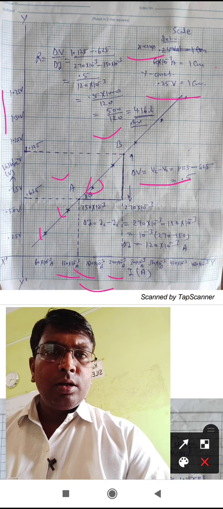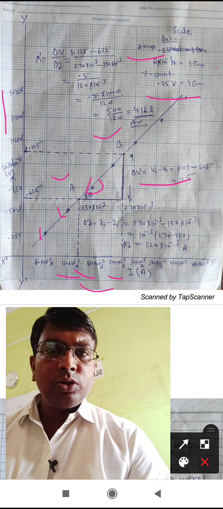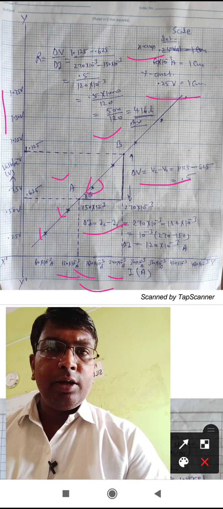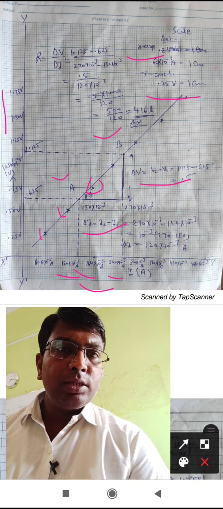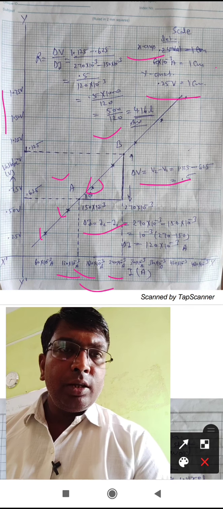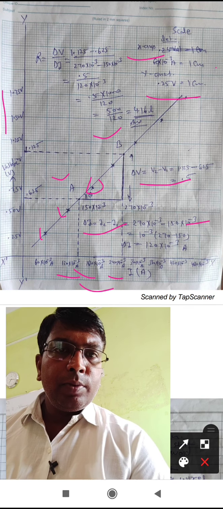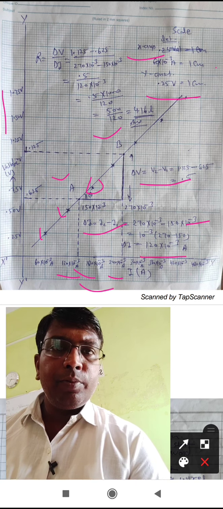For del I, that is equal to I2 minus I1, that is 270 into 10 to the power minus 3 minus 150 into 10 to the power minus 3. Taking 10 to the power minus 3 common, 270 minus 150, del I equals 120 into 10 to the power minus 3 ampere.